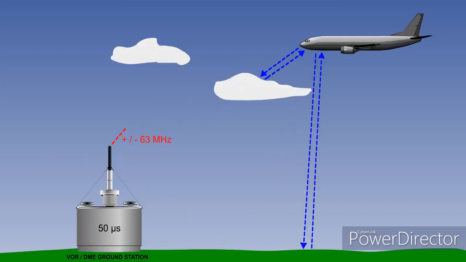The carrier wave frequency is changed at the ground station for 2 reasons. Firstly, the aircraft will receive reflections of its interrogation pulse pair either from the ground below or from heavy clouds. In order to distinguish these reflections from the response pulses, the transponder emission is always 63 MHz, either below or above the interrogation pulses.